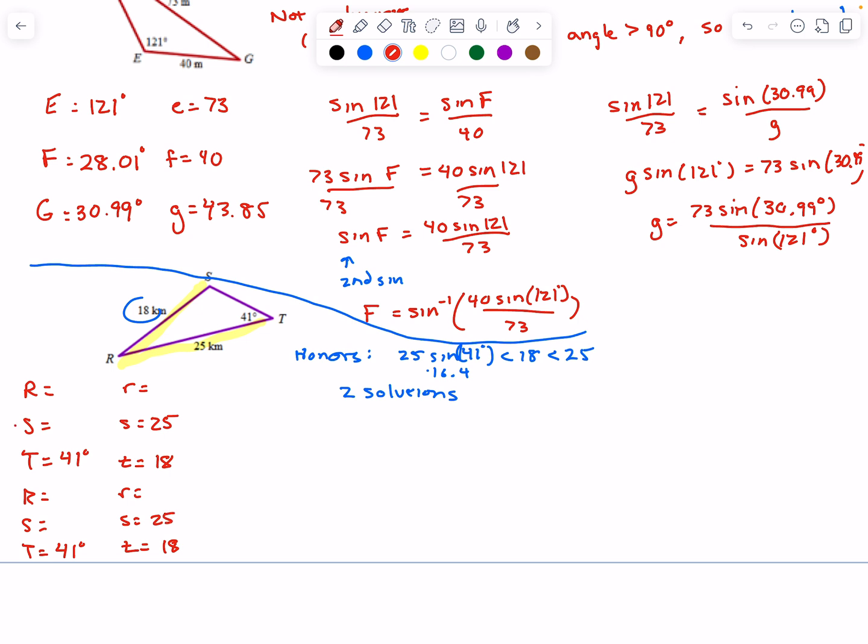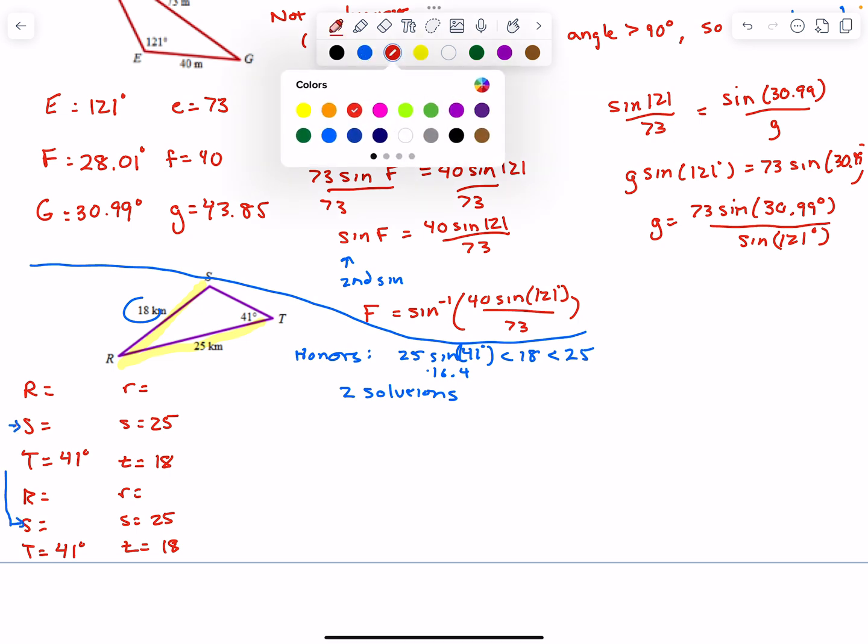Okay, so the angle that we're first finding is this one. And so that's the one we'll do the supplement on.